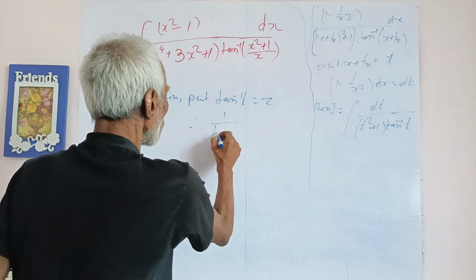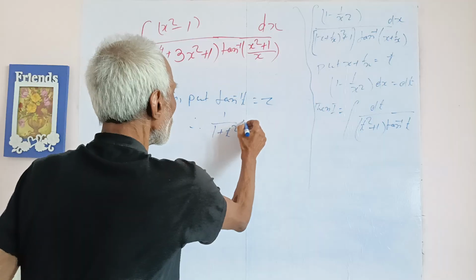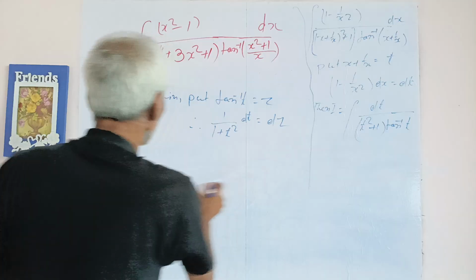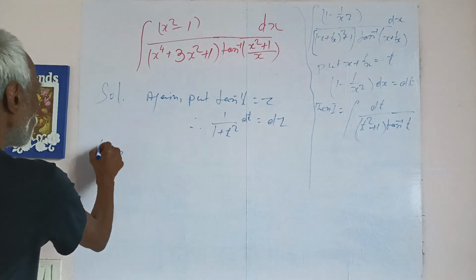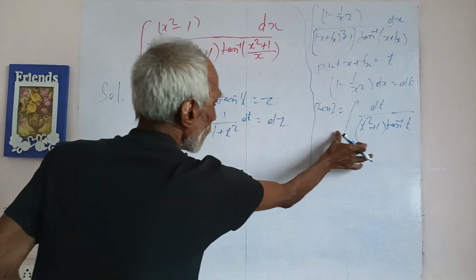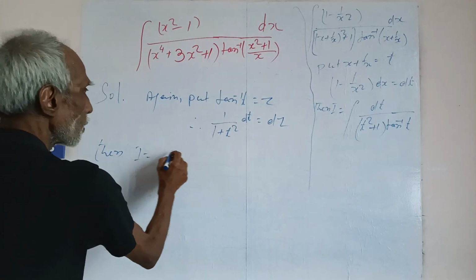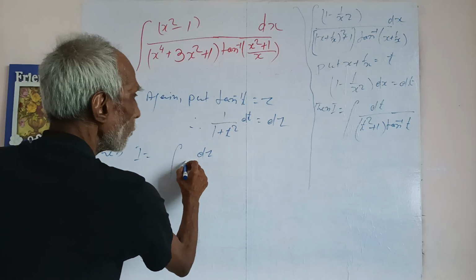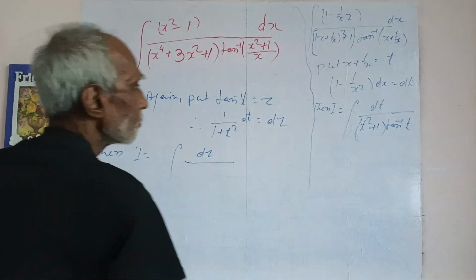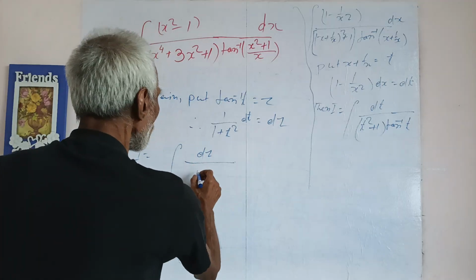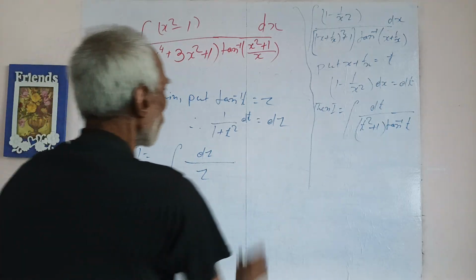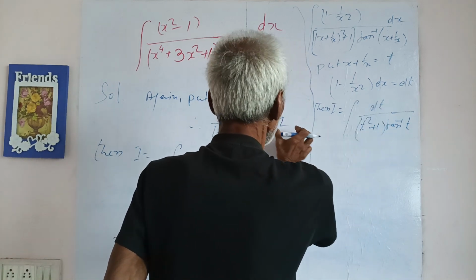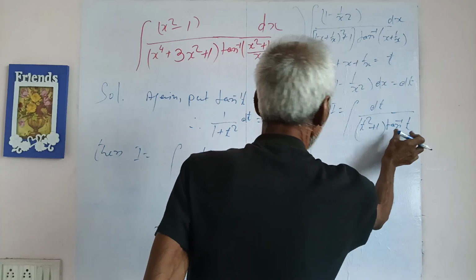Then 1 by 1 plus t square dt is equal to dz. Then I is equal to integral of dz by z, and 1 by 1 plus t square dt is equal to dz. Then here will be z.